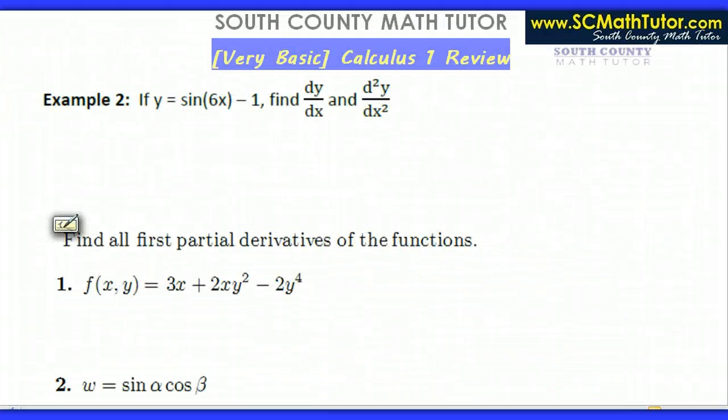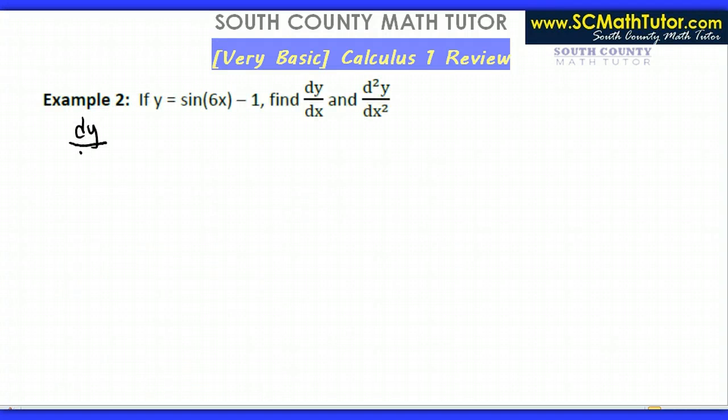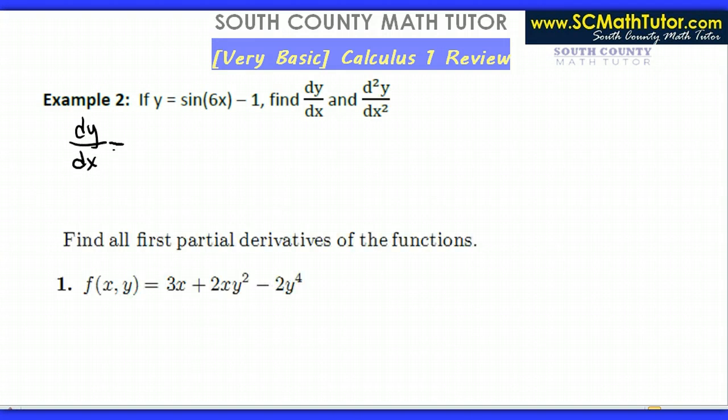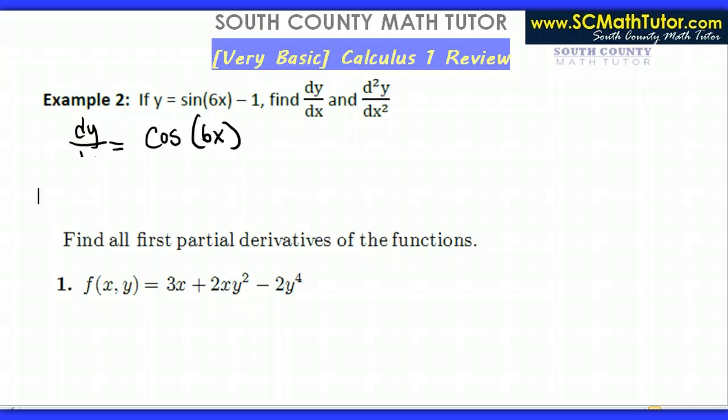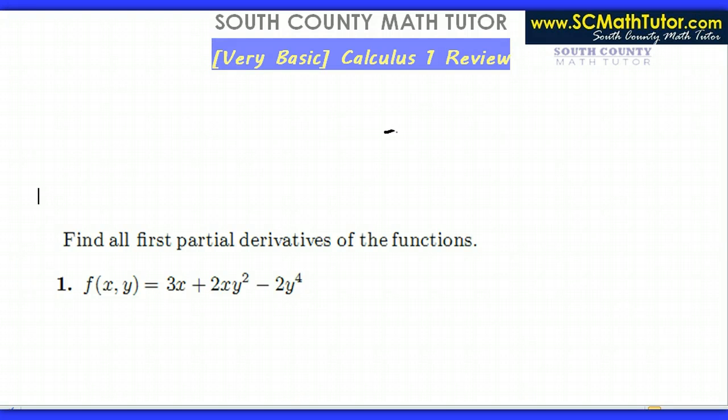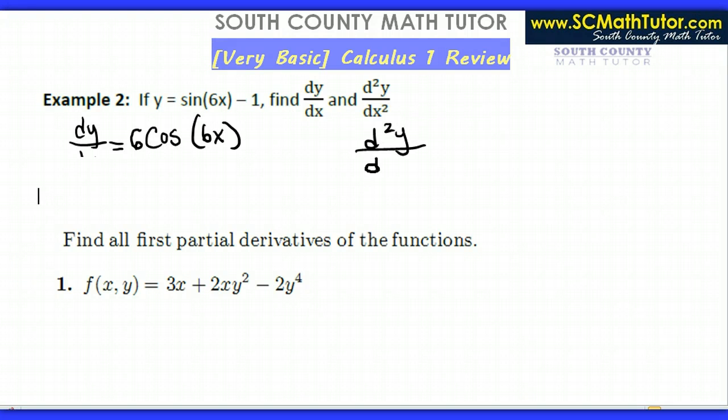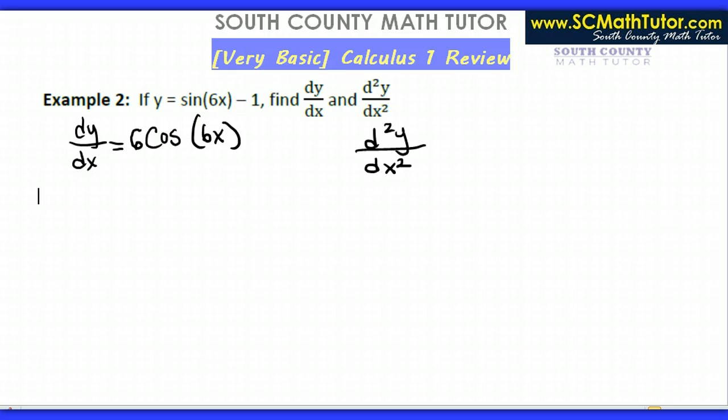Okay, so it's asking for dy/dx, first derivative. So the derivative of sine is cosine. So this is cosine 6x times the derivative of what's inside the parentheses, which is 6. Okay, the second derivative equals the derivative of the derivative.